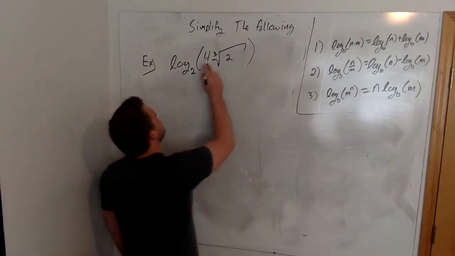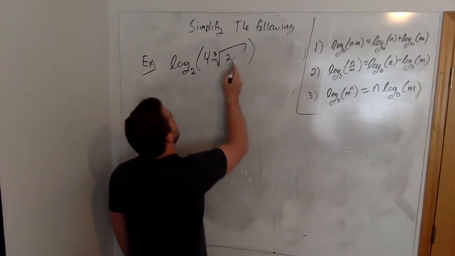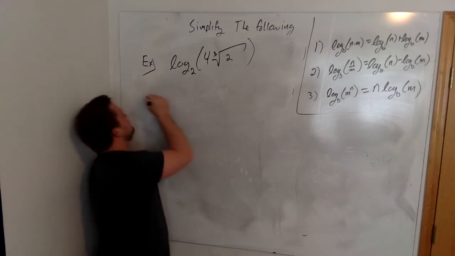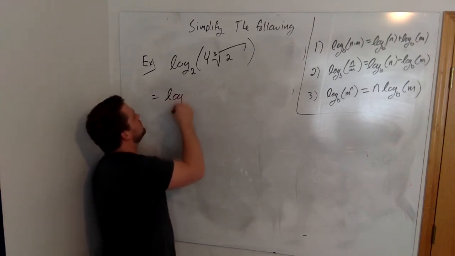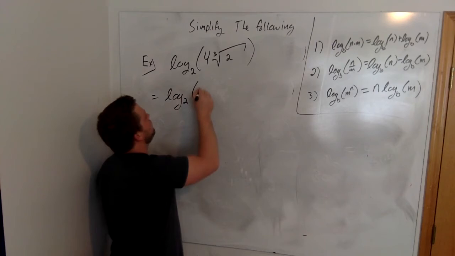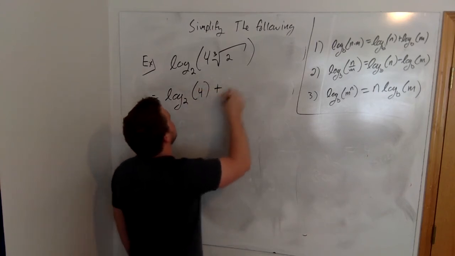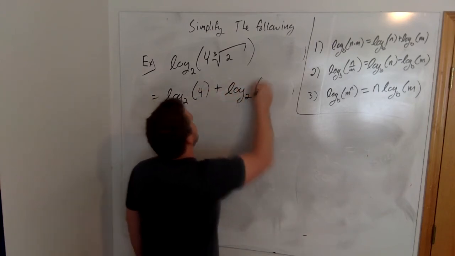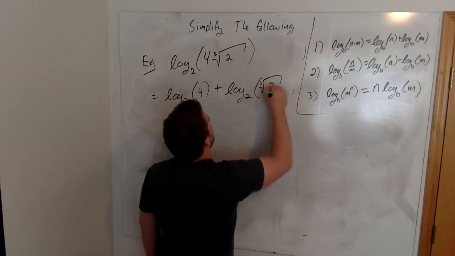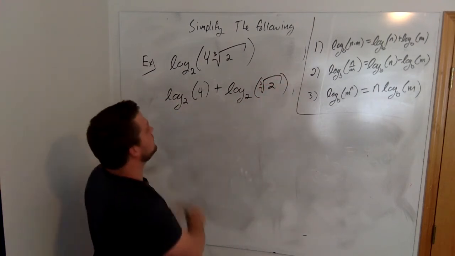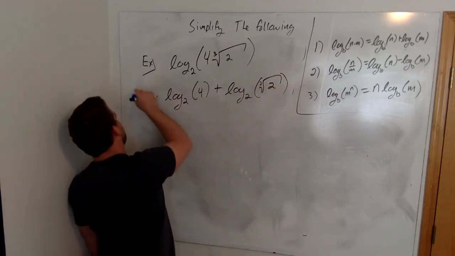Well, notice I'm taking a 4 and I'm multiplying it by the cubed root of 2. So this is equivalent to log base 2 of 4 plus log base 2 of the cubed root of 2. So what rule did we use here? We used log rule 1.